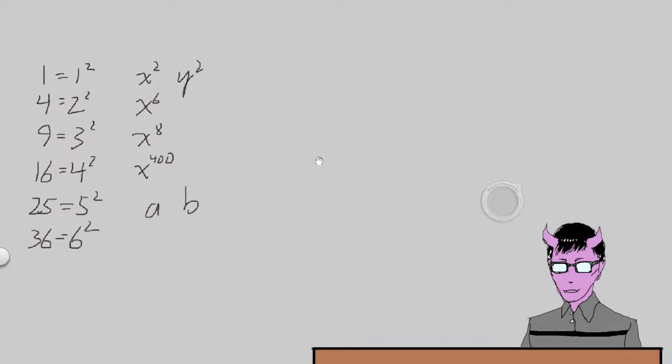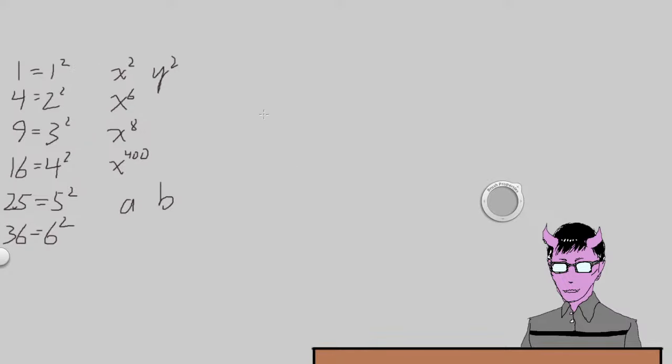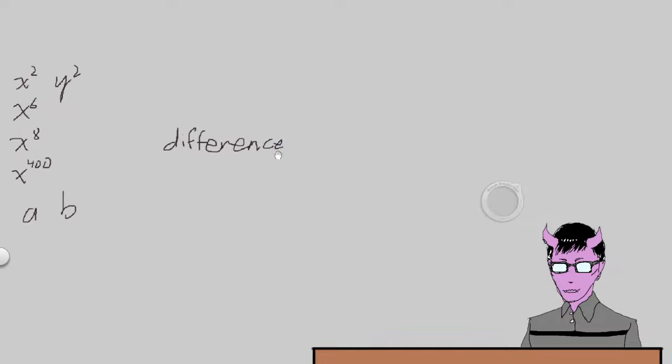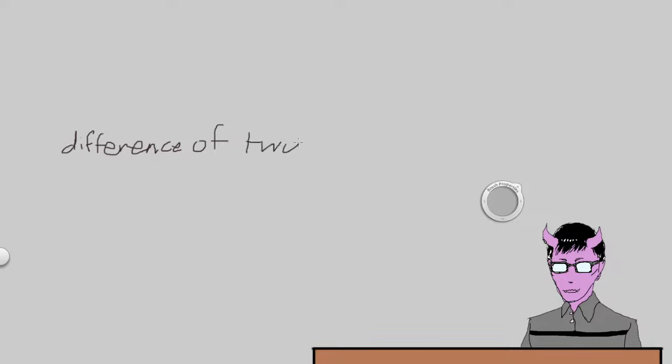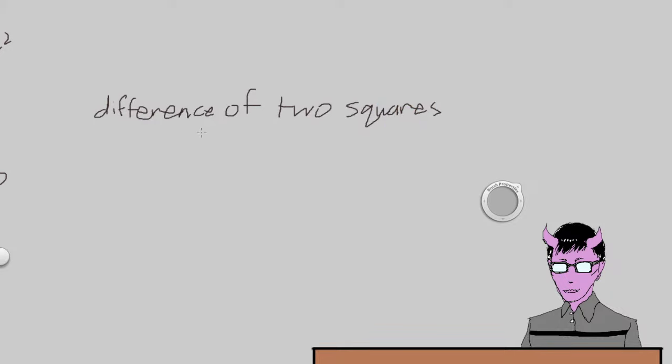So, a difference of two squares. Let's look at the grammar of that. The first word is difference, and then you have the prepositional word of, and then two squares. When you translate such a thing, typically in math phrases, when you have of, you carry it all the way to the noun right here.